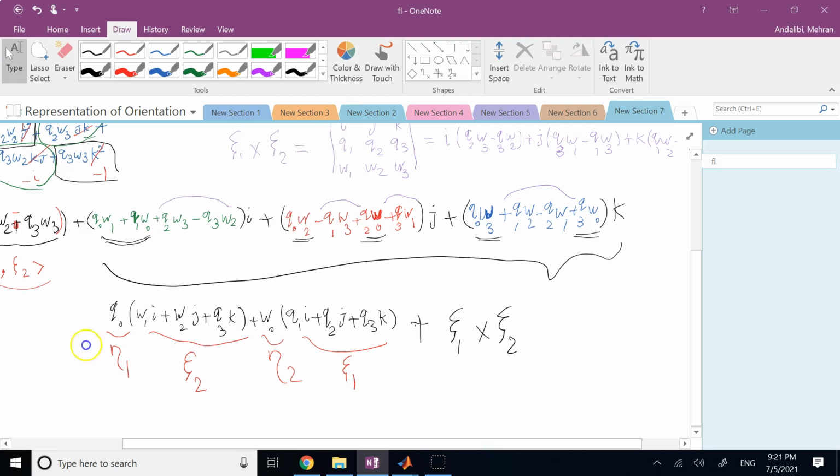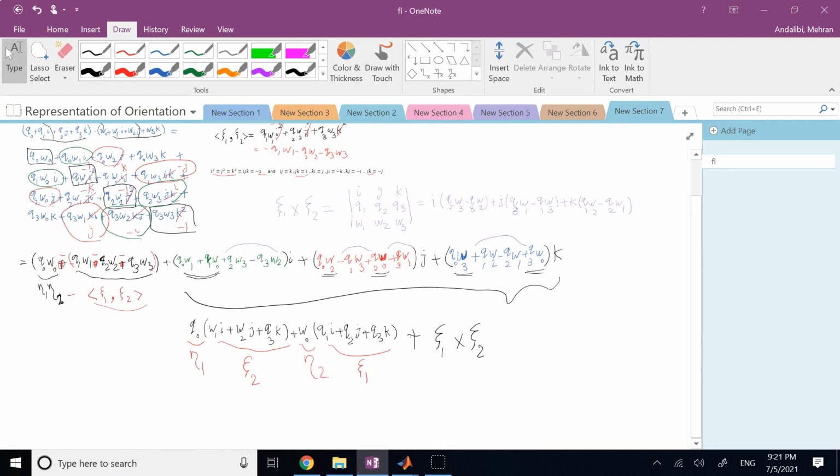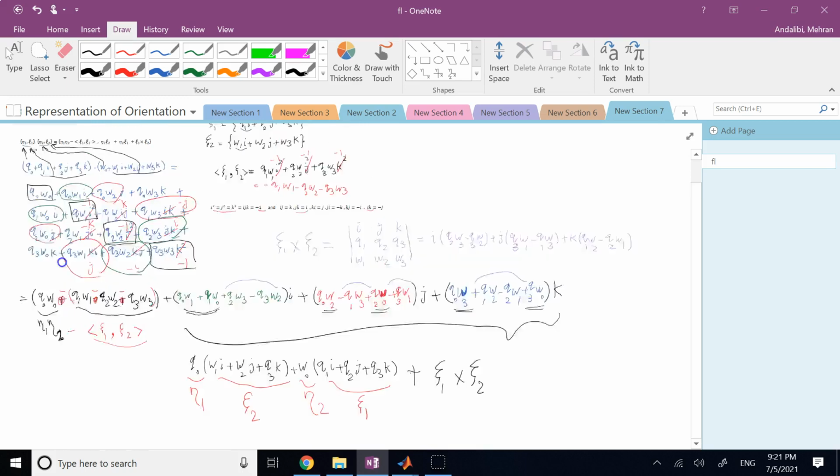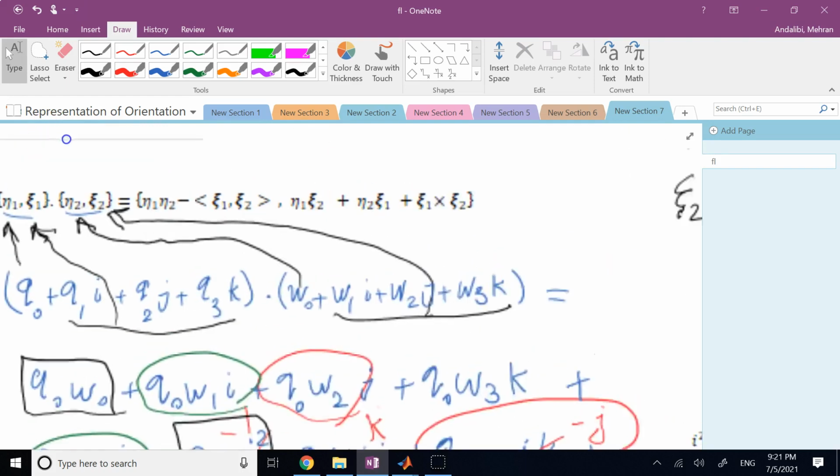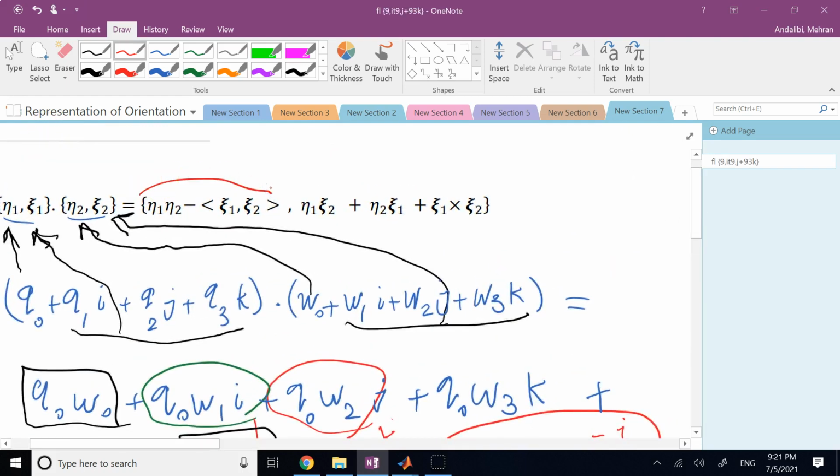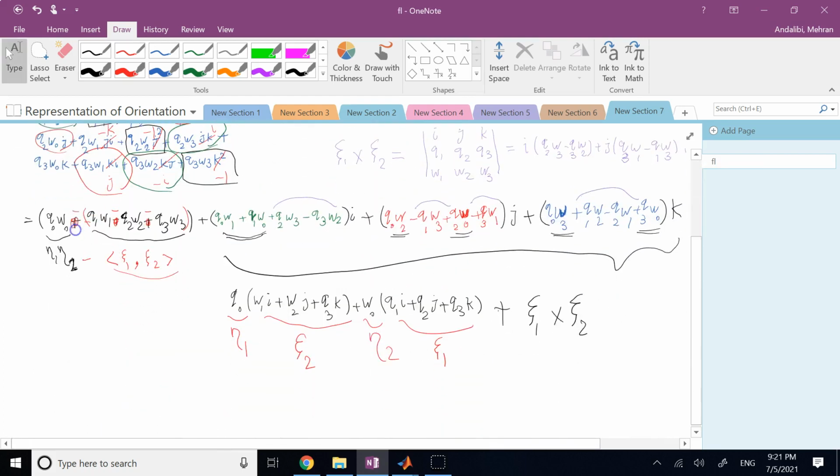So now the formula is very clear, right? The real part is the multiplication of the real parts minus the dot product of the imaginary parts, as you can see here. And the imaginary part is the real part of the first one, scalar product by the imaginary of the second, plus real part of the second, scalar product by the imaginary of the first one, plus the cross product of the two imaginary parts, which you can clearly see here.